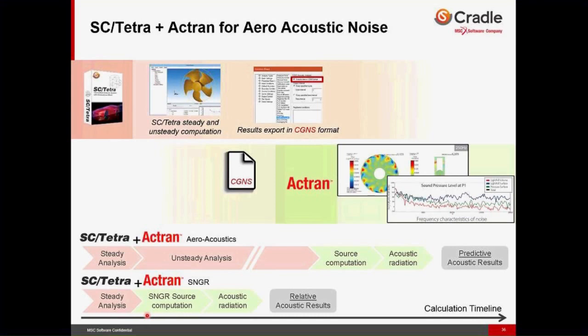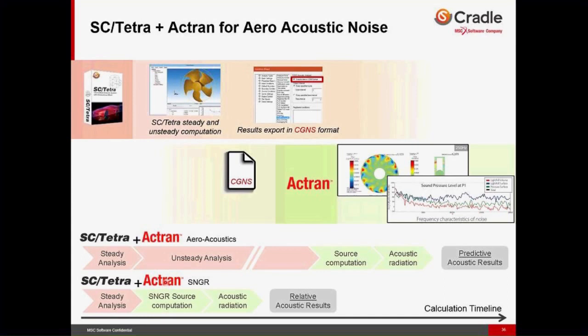Now, Actran is so unique that it can perform in two ways. In general, noise itself is a transient phenomenon. It's a fluctuation of the pressures. So technically speaking, it has to be a transient simulation of a CFD and also in acoustics. But that kind of simulation takes a pretty long time.